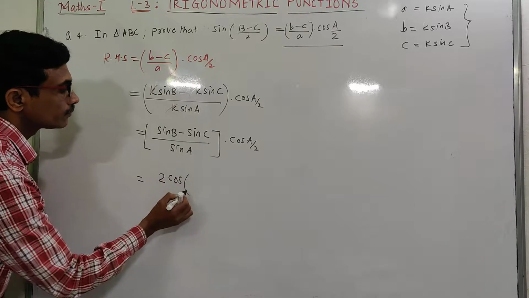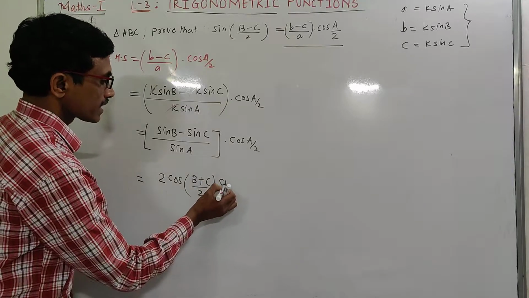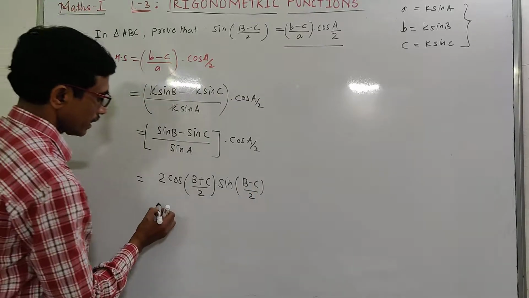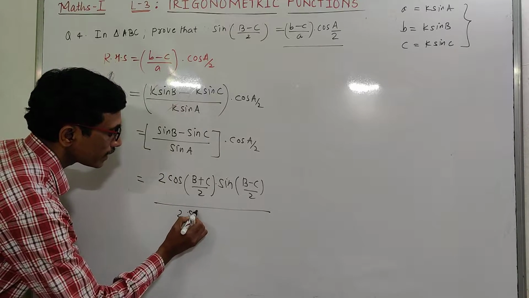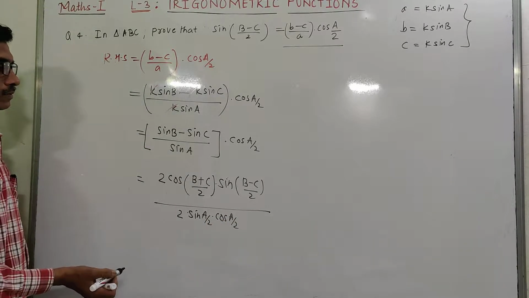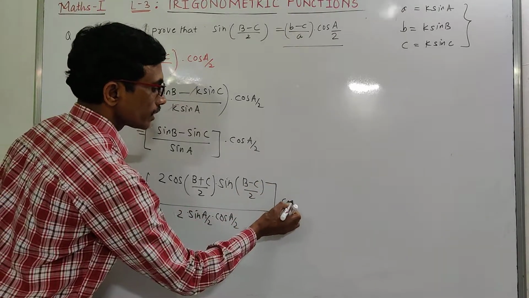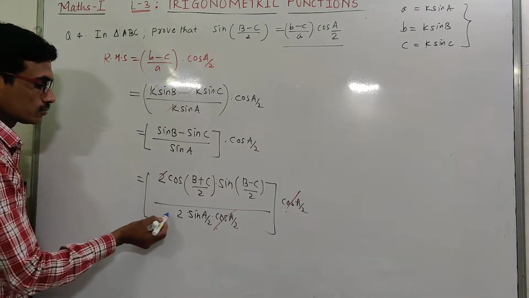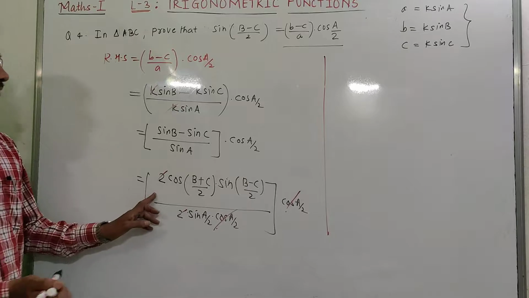So 2 cos (B plus C) upon 2 into sine (B minus C) upon 2, and sine A we write as 2 sine A by 2 into cos A by 2, and the whole is multiplied by this cos A by 2. So clearly this cos A by 2 is getting cancelled. This 2 is getting cancelled with this.